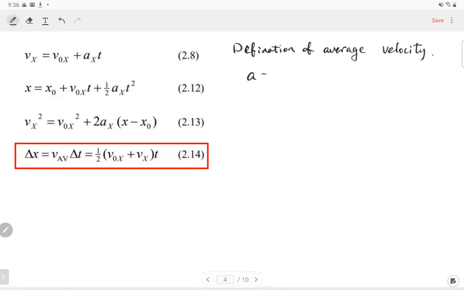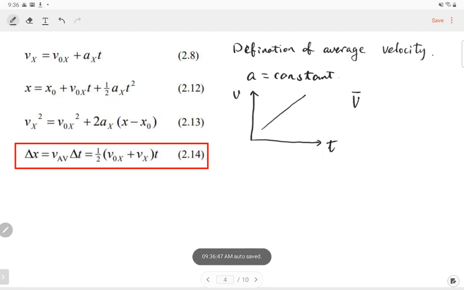If a is a constant, then in the v-t diagram, we have a linear line. Okay, then we know the average velocity.